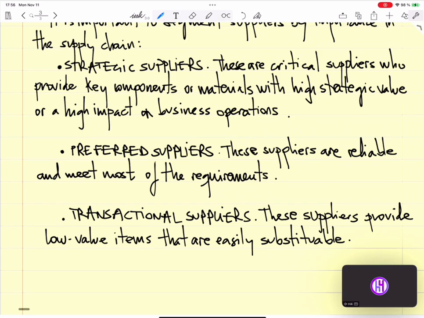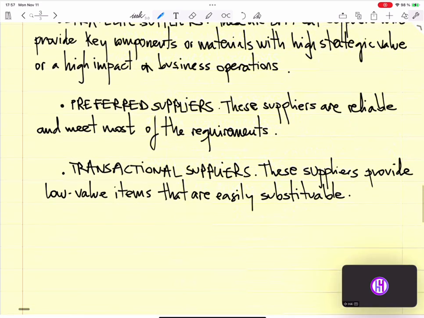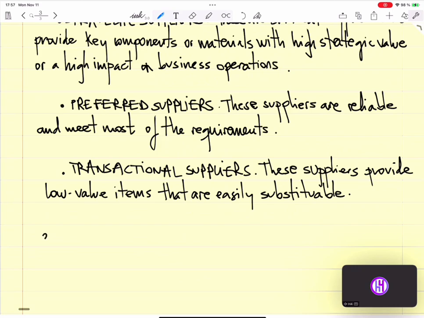And then once we have a segmentation in place, what we want is to build collaborative supply relationships.